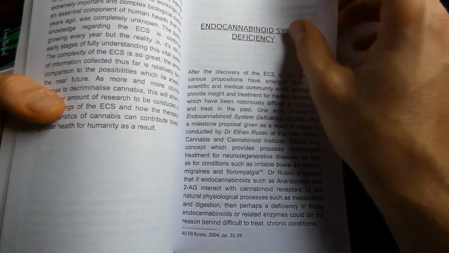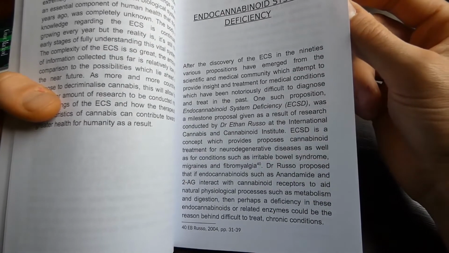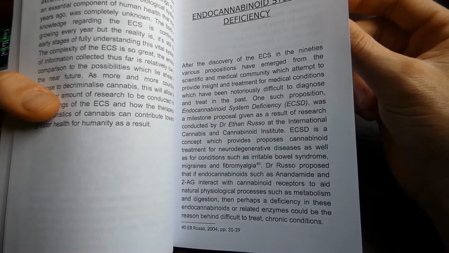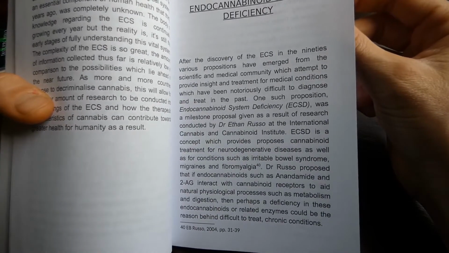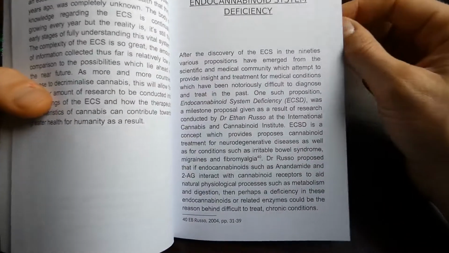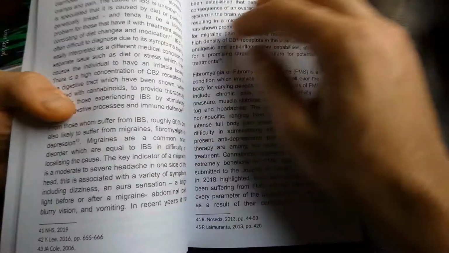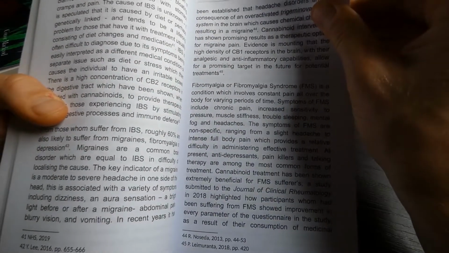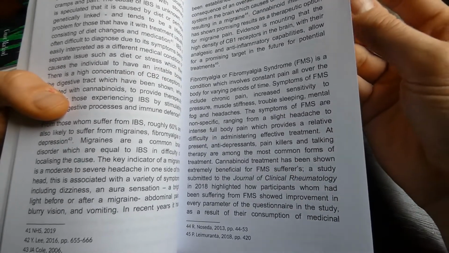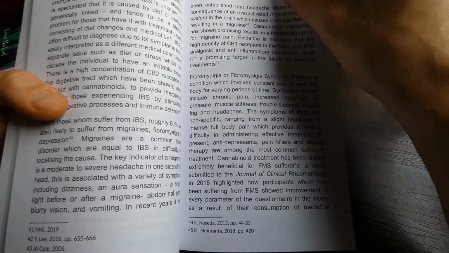We've also got, I think it's Ethan Russell, who's chairman of, I think, the Institute of Cannabinoid Research in the Czech Republic. He theorised endocannabinoid system deficiency, which is essentially a physiological deficiency in your endocannabinoid system, found in people that have fibromyalgia, migraines, or irritable bowel syndrome.